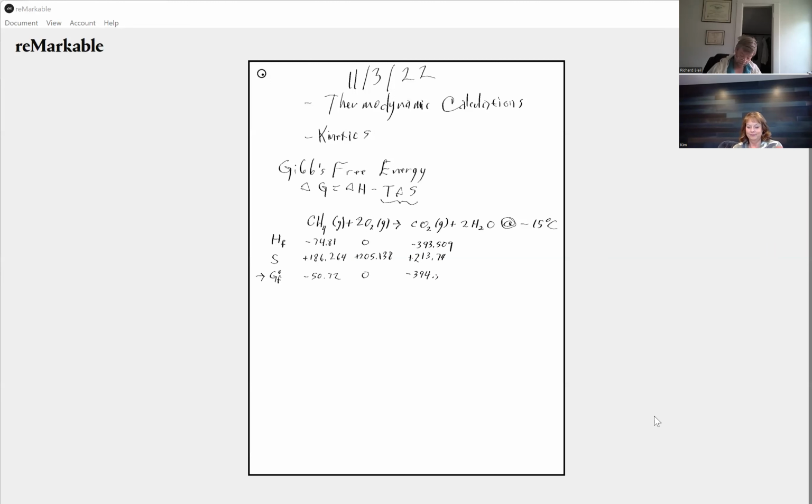It burns. When this reacts, you get flames. Is that going to be exothermic or endothermic? Kim doesn't want to play today, and that's okay. I pick on her too much. Of course, it's going to be exothermic. We're talking about flamage.